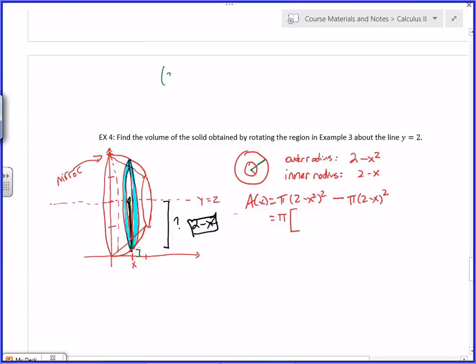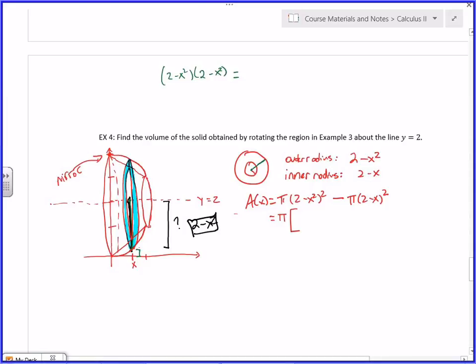4 minus x. Oh, no, can't do that. Every time you forget to FOIL, a kitten dies. Okay. So that's like 4 minus 2x. The dog's tail falls off.